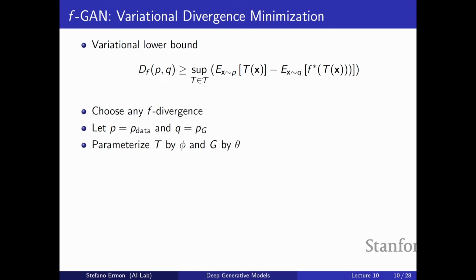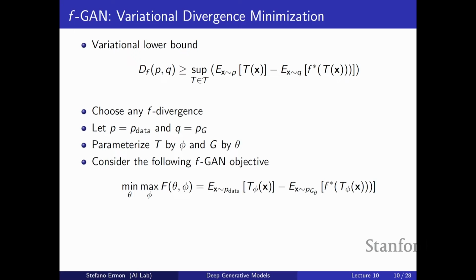Let's say you have a set of neural networks with weights phi that define this function T on the outside, the discriminator basically. And then you have some parameters theta that define the generator G. Then you have an f-GAN training objective, which is very similar to what we had before.